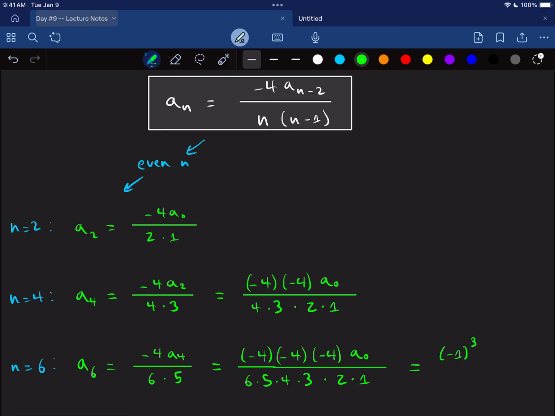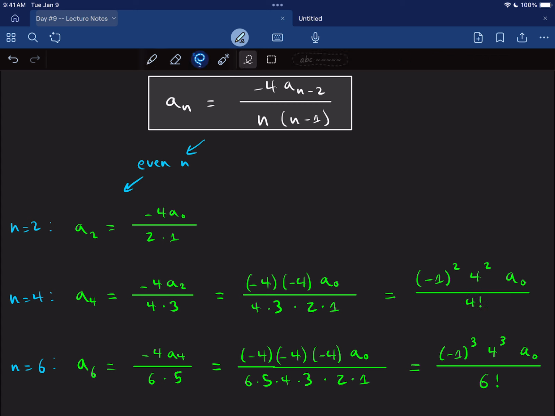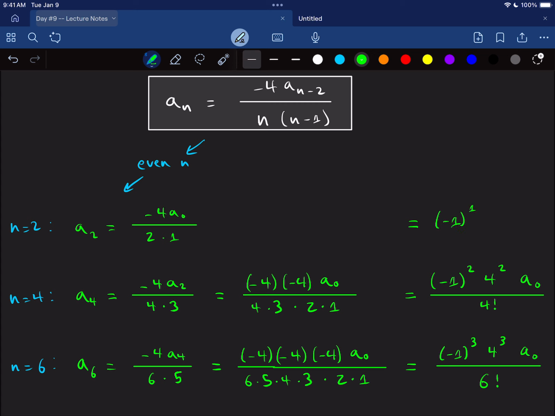I have an a naught, and I have a 4 factorial. Again, very, very fun, nice pattern here. And this is why I didn't rewrite a2. I am going to rewrite it now as a single negative 1, a single 4 times an a naught over 2 factorial. And we've got a wonderful pattern here.